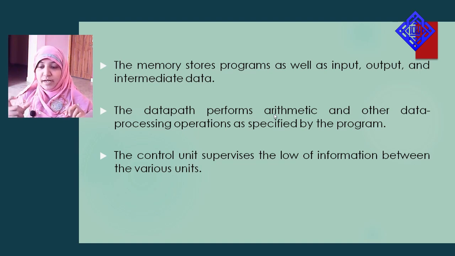So there are various devices being used like input, output, memory, as well as the data path. All these units have to be clubbed and supervised, and for that we have the control unit, which supervises the flow of information between the various units.